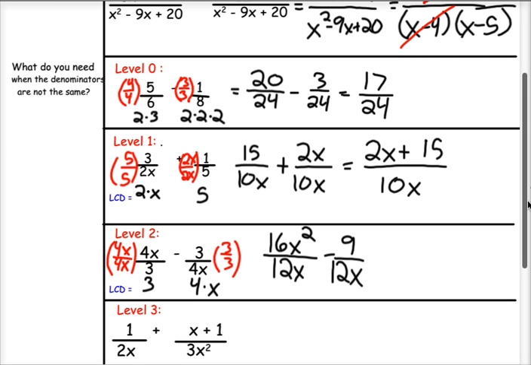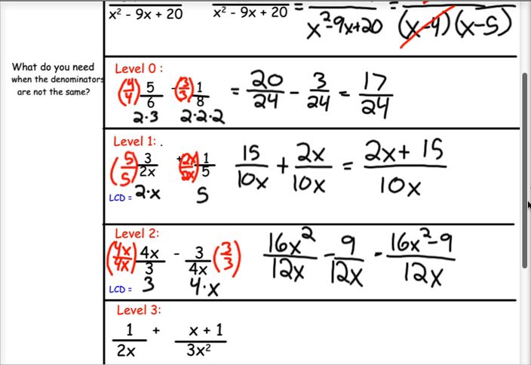Now, if you do this and you don't get a common denominator, that means you did something wrong and that you should go back and re-look at what you multiplied by, okay? So here we get 16x squared minus 9 over that 12x. All right, so that is a level 2 problem.